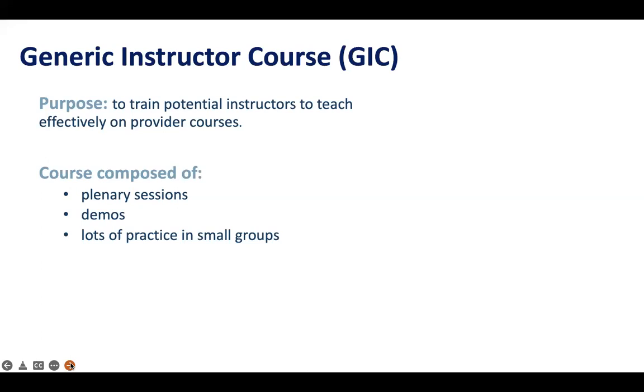So we have developed a generic instructors course, which is specific for the training through NEST. And we have plenary sessions, sessions where people practice, and demonstrations, and it is in line with generic instructors courses across the world. It's just that the scenarios which we use are very specific to NEST. Next slide, please.